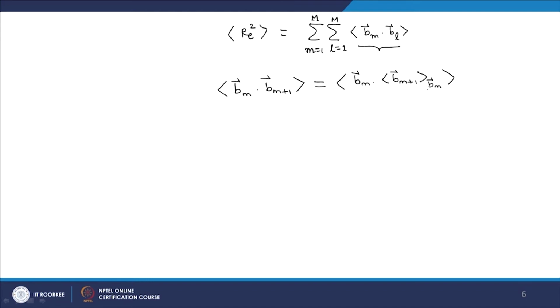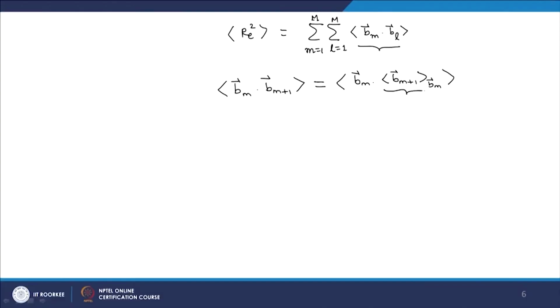So, ultimately this is the average of the product. So, I can move one of the averages inside, and that is what we have done here. So, now from the formula we have derived, Bm dot Bm by Z minus 1, which gives rise to B square by Z minus 1. So, now it is no longer 0.